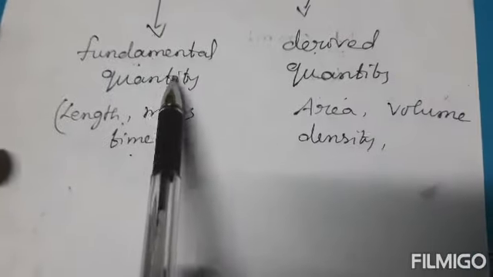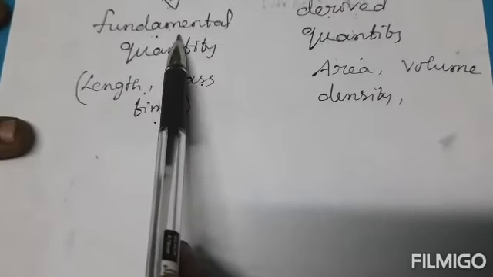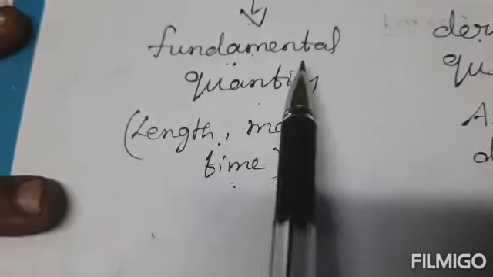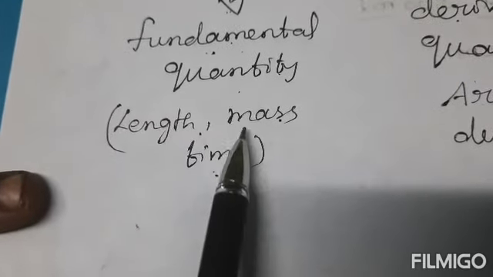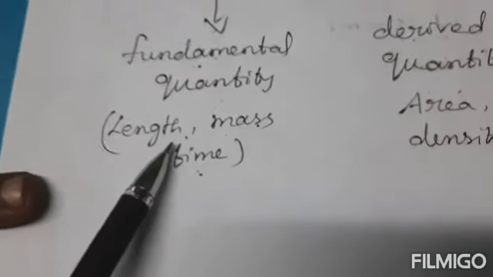Now, we can see the example for fundamental quantities: length, mass, and time. What is the example for derived quantity? Area, volume, and density. Now, we can learn what is fundamental quantity. The quantities which cannot be expressed in terms of other physical quantities are called fundamental quantities. Length cannot be expressed.